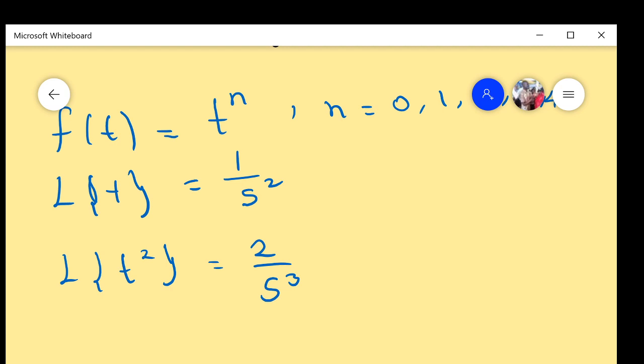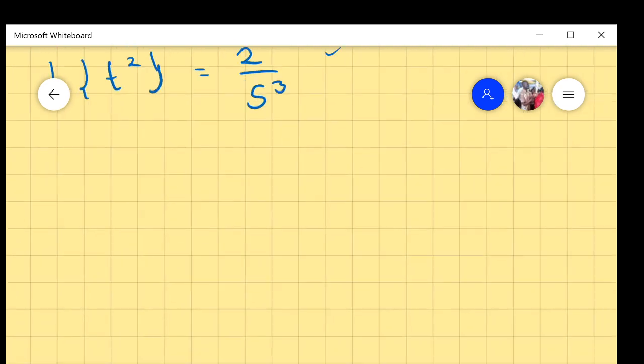Then the Laplace of t cubed will be what? What do you think t cubed is going to be? Okay, so let's look at it.